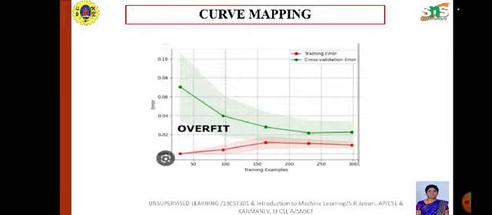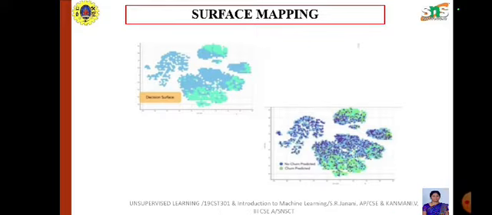So it looks like this, and for surfaces it might look like this. So just look at the image. So the dataset will be mapped as a surface according to the predictions and predicted variables.